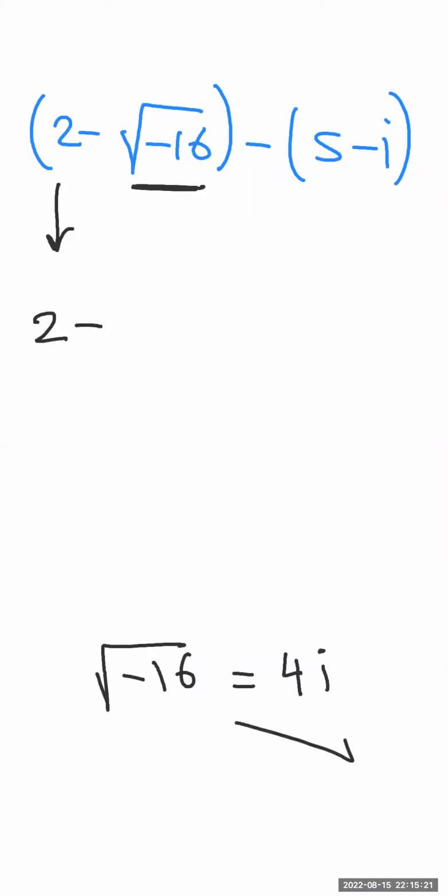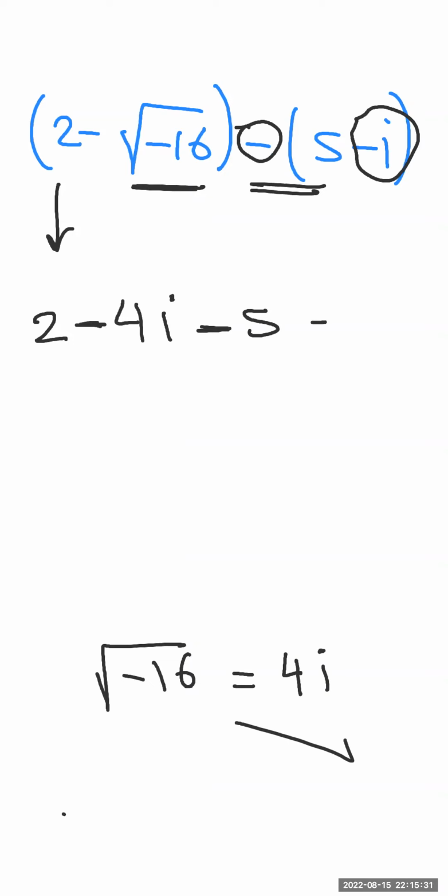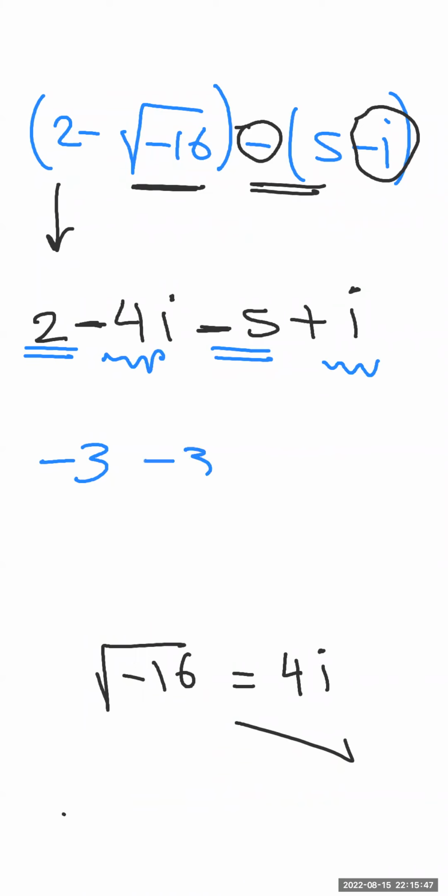So minus 4i minus 5 minus negative I, plus I. Normal subtraction. So now real part and real part, 2 minus 5, -3; -4i plus I, -3i. That's it.